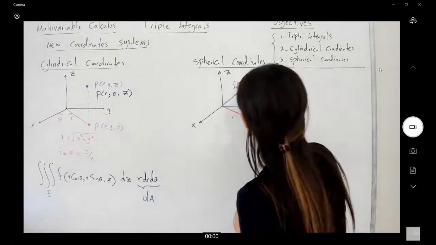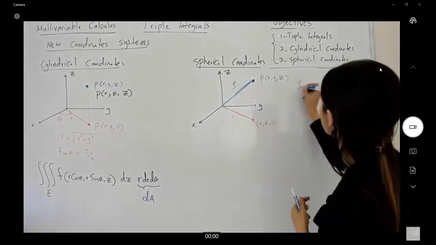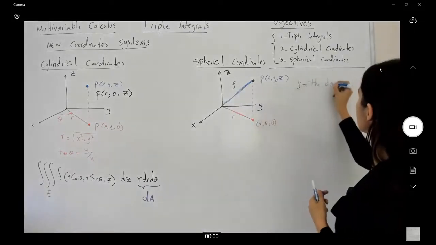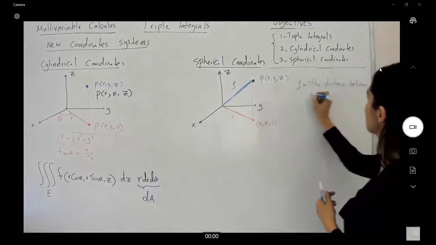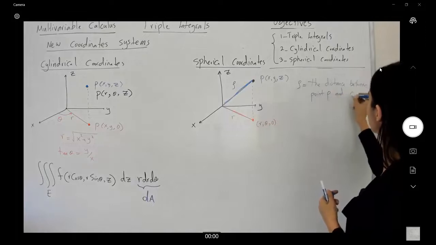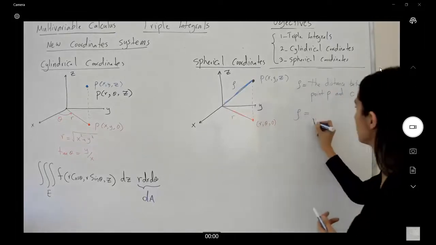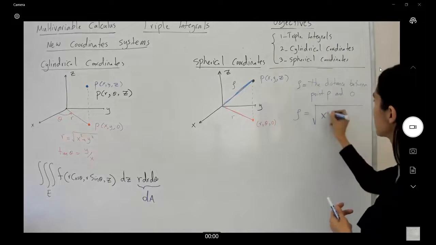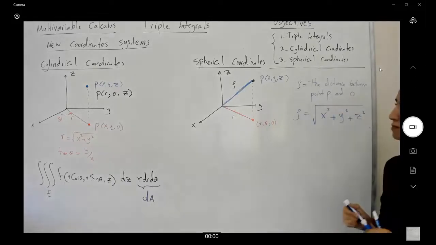So rho, a Greek letter, is nothing but the distance between point P and the origin O, and it is the square root of x squared plus y squared plus z squared.